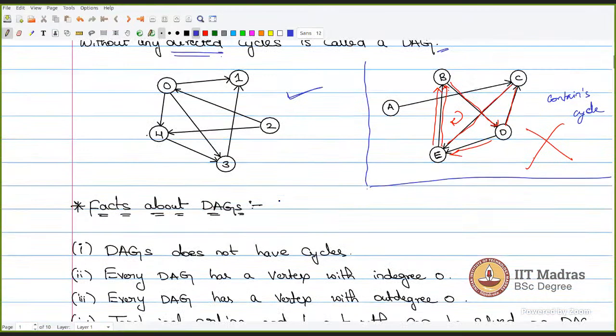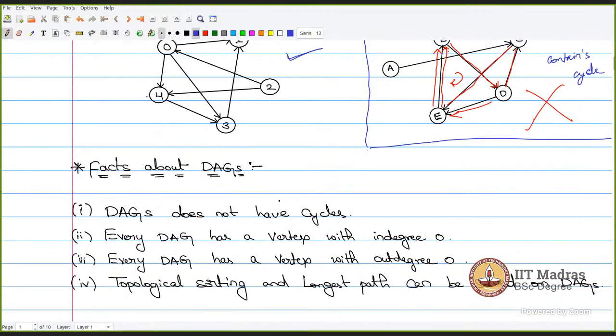The facts about DAGs will be much more useful. If you know the facts about DAGs, using these facts you can find whether the given graph is a DAG or not. A DAG shouldn't contain cycles. How do we compute whether there is a cycle or not? You should have some vertex with in-degree 0 and some vertex with out-degree 0.